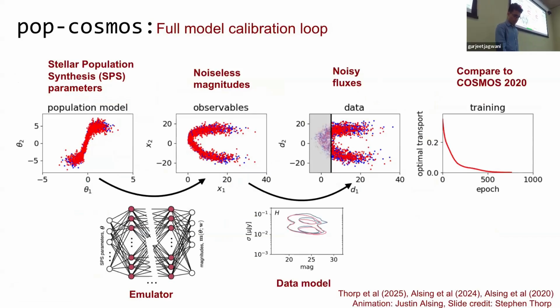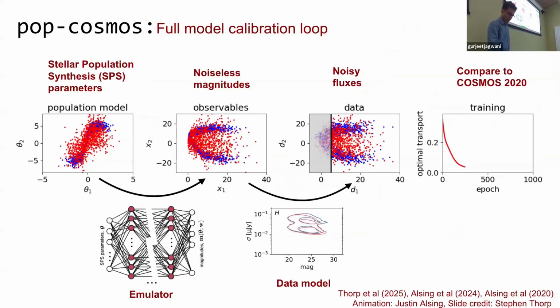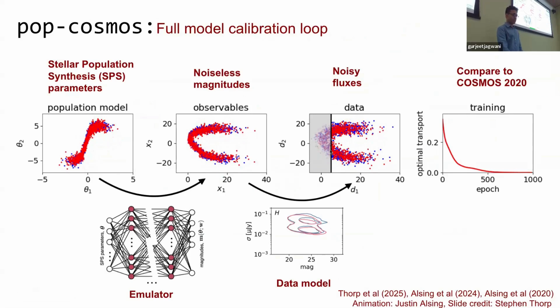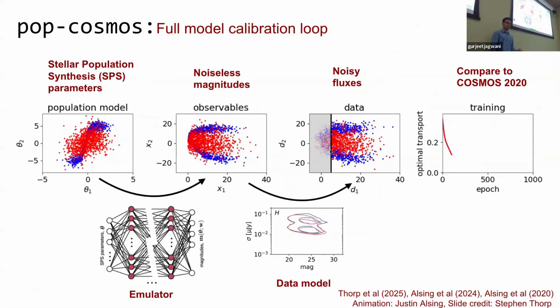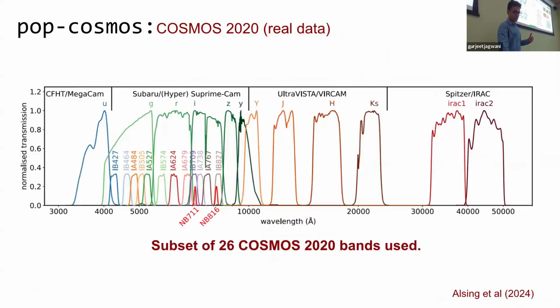Speaking a bit more about this, our pipeline right now is calibrated on a selection cut here that you see, which is the magnitude limit of the IRAC 26 channel, which is this one, the IRAC 1 channel.